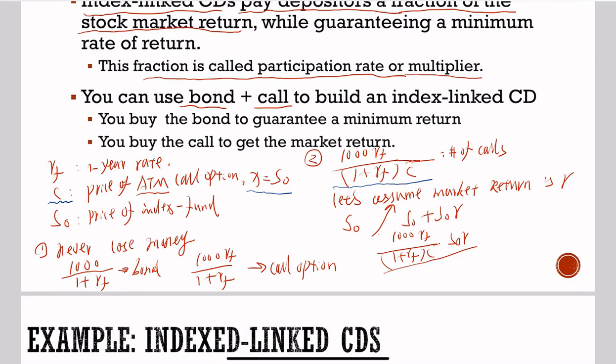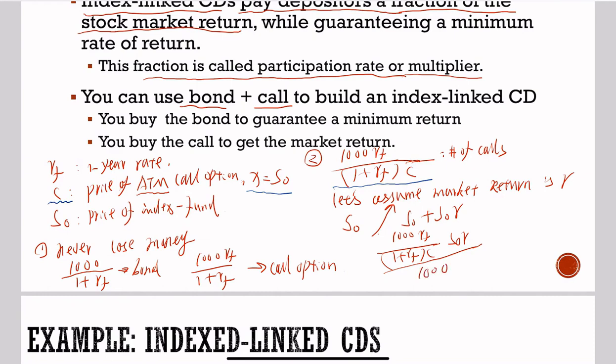Now, what is the return on your index-linked CD? Well, if after 1 year your index-linked fund has earned this amount, then you would just use the profit divided by your initial investment, $1,000.